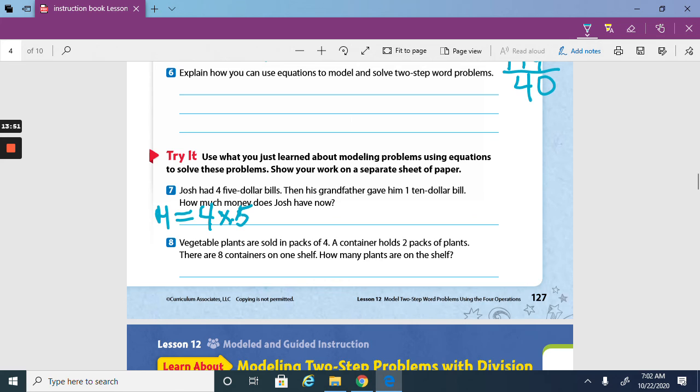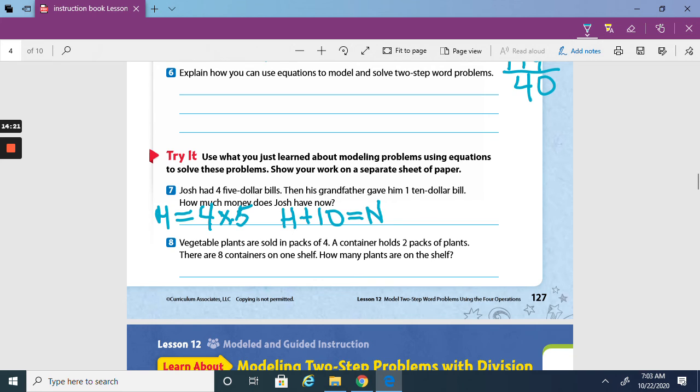H equals 4 times 5. Then his grandfather is going to give him one $10 bill. So I'm going to take how much he had, and I'm going to add that $10, and it's going to give me my new total, or how much money he had now, and I'll represent that using an N.